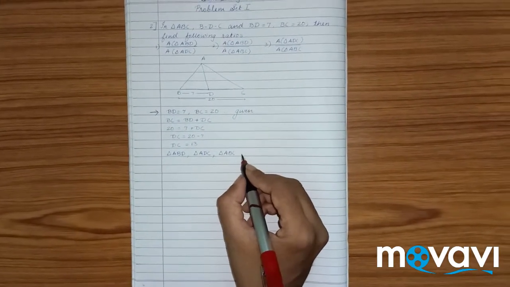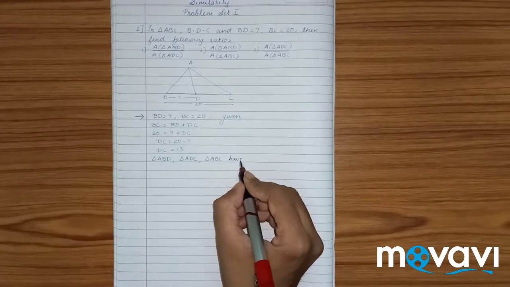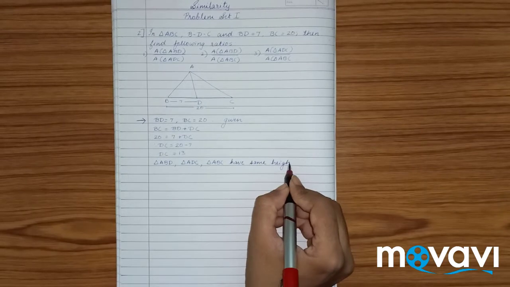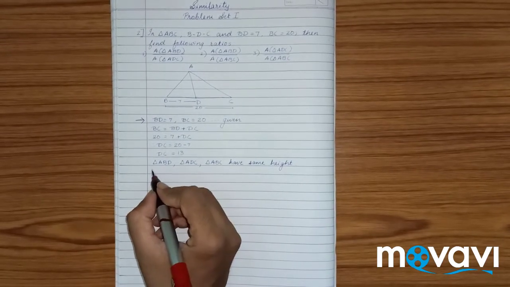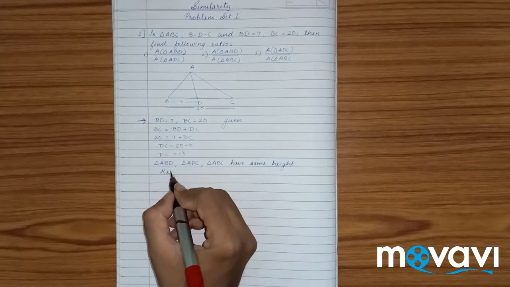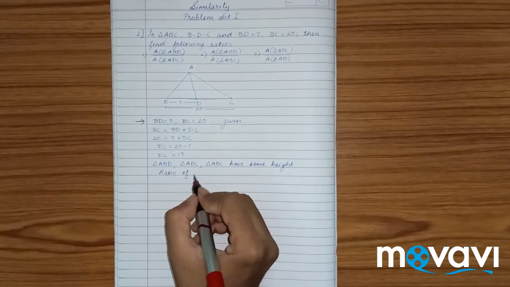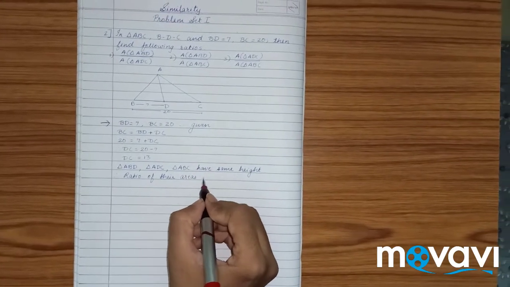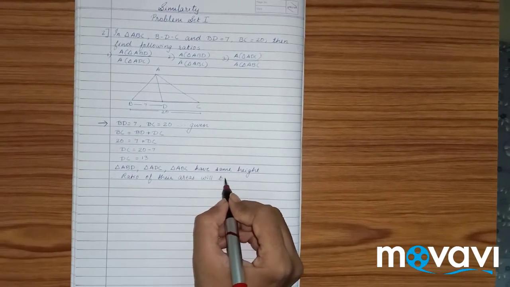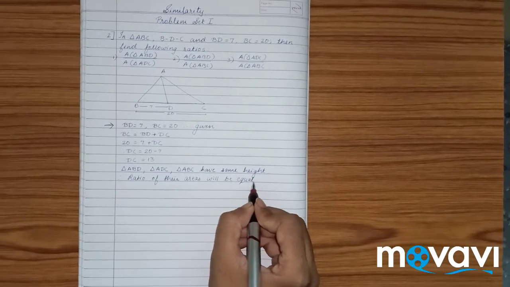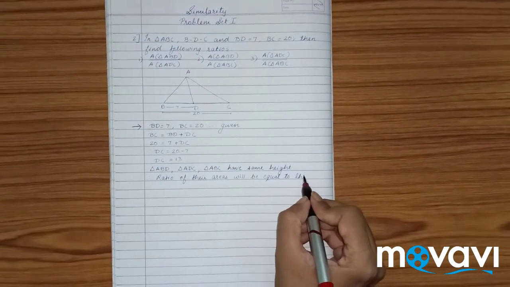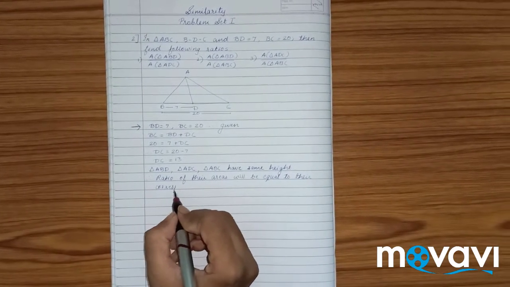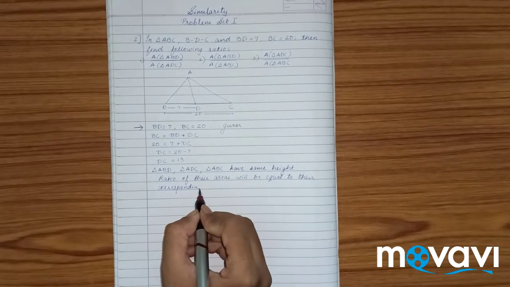So we will write that these triangles have the same height. Therefore, the ratio of their areas will be equal to their corresponding bases.